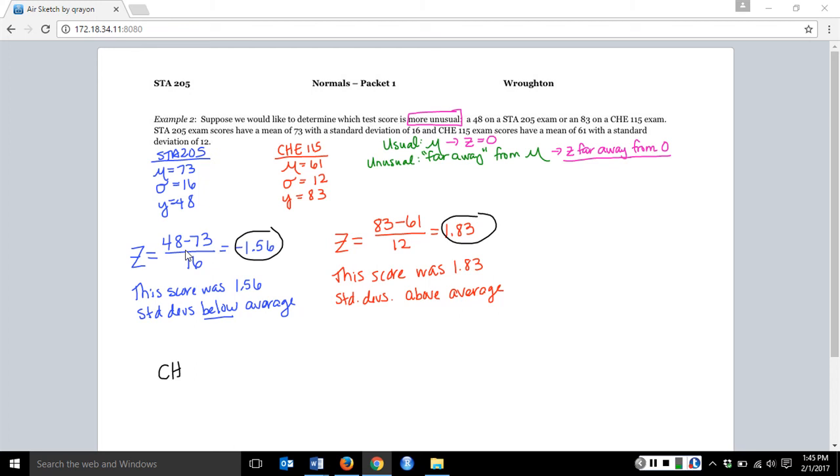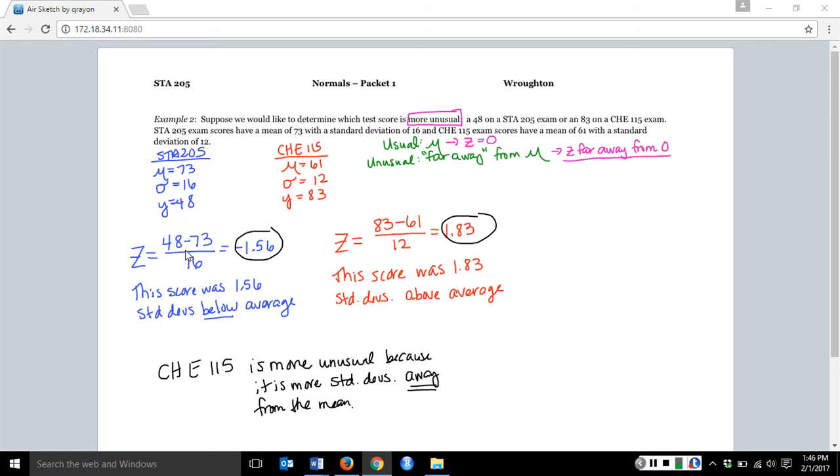So we would actually say that our Chemistry 115 exam is more unusual because it is more standard deviations away from the mean. Again, notice when I say the word away, I don't care about if it was above average or below average. All I care is that it was away from the mean.